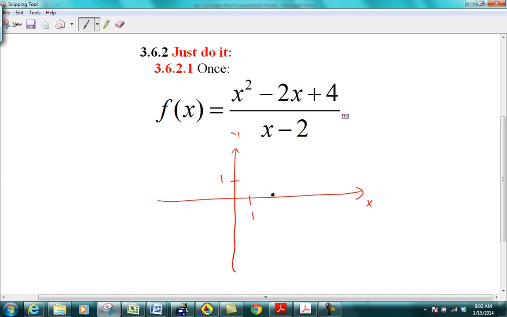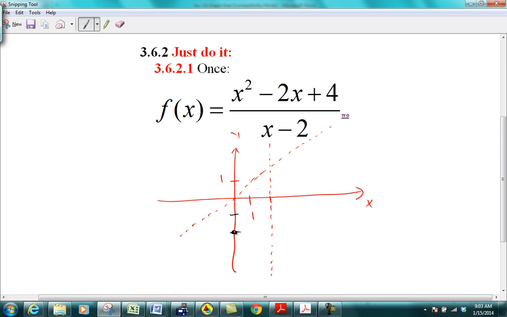The features we have: we have a vertical asymptote at x equals 2. So here's my vertical asymptote. I have a slant asymptote of y equals x, so that's a straight line like that. I have a max at 0, -2, so let's put those points in there. 0, -2, so that's -1, -2, so I have a max there.